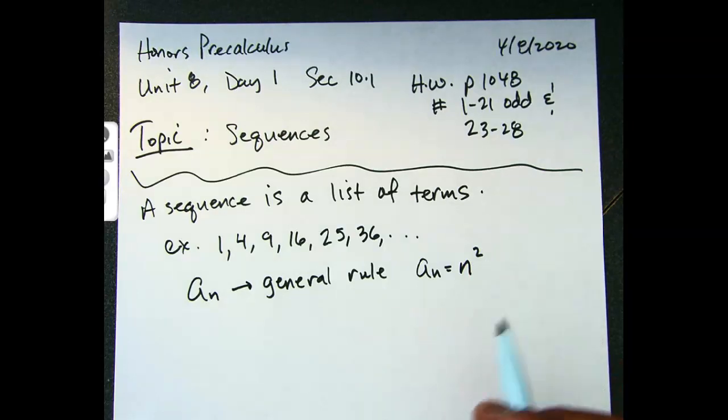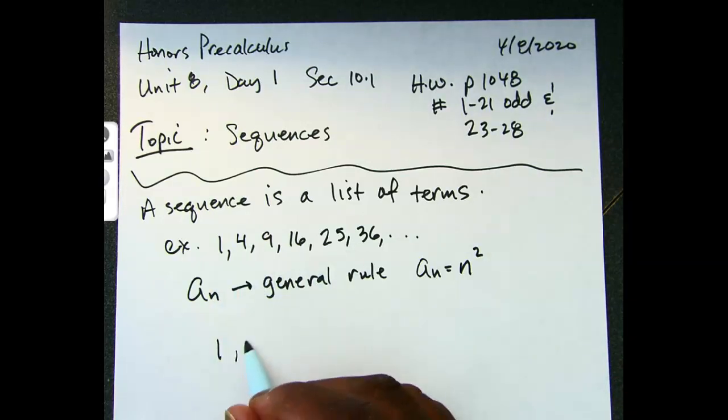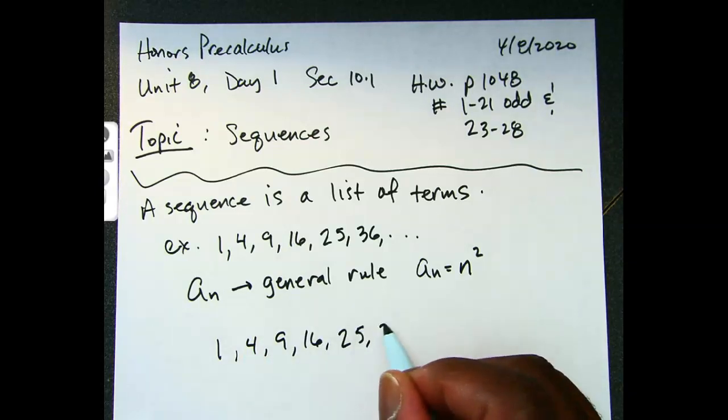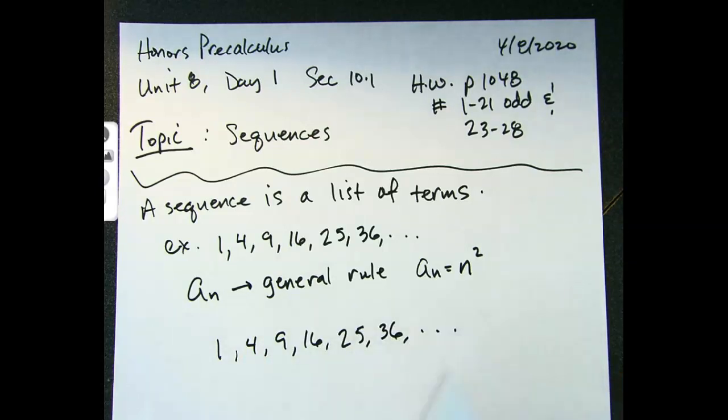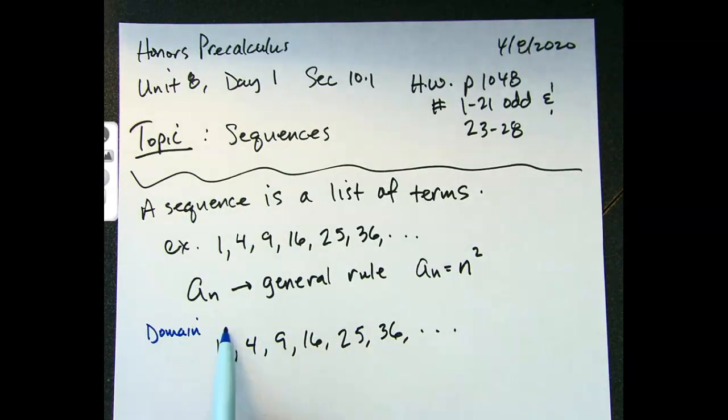So what we have here in this sequence, the 1, 4, 9, 16, 25, 36, it's an infinite sequence because it goes on forever. But the domain of this sequence is the number of terms.